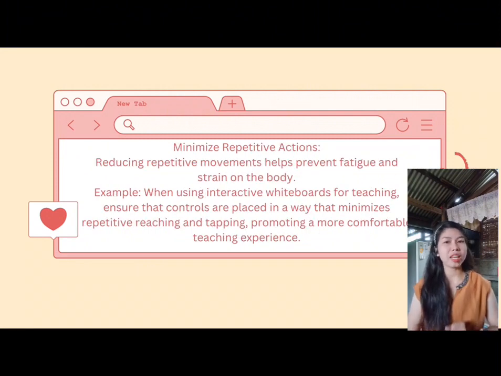The third one is minimize repetitive action. Reducing repetitive movements helps prevent fatigue and strain on the body. For example, when using interactive whiteboards for teaching, ensuring that controls are placed in a way that minimizes repetitive reaching and tapping, promoting a more comfortable teaching experience.